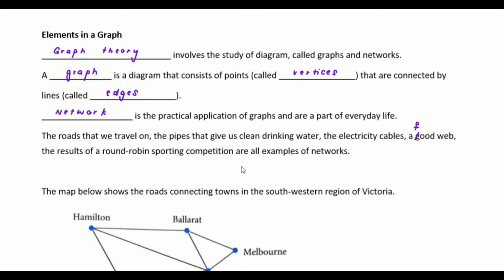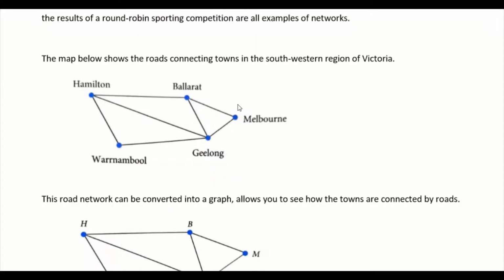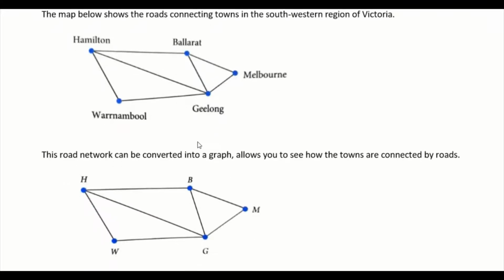A simple example that I put in here is this map that you can see, connecting the routes, connecting all the different towns in one of the regions. We can always try to represent this map by using a graph. So the graph will eventually become like this. You have all these vertices connected by the edges.